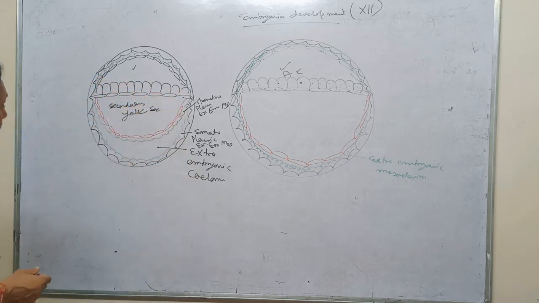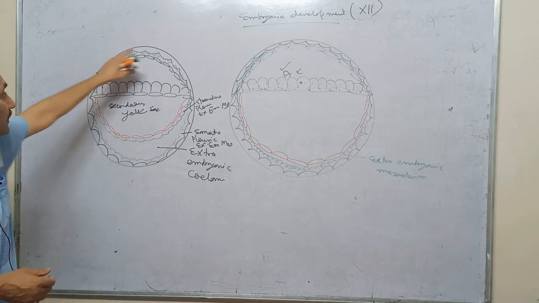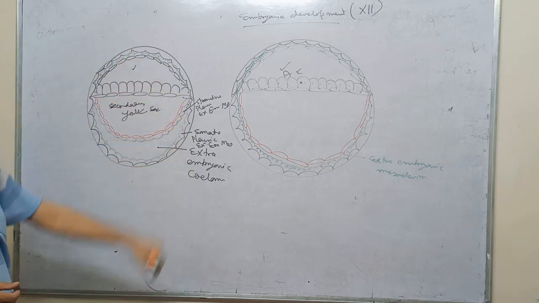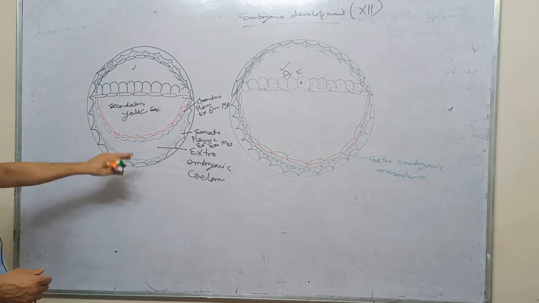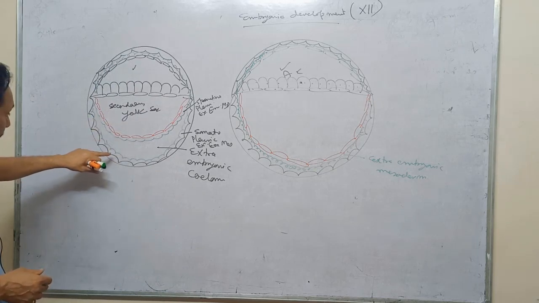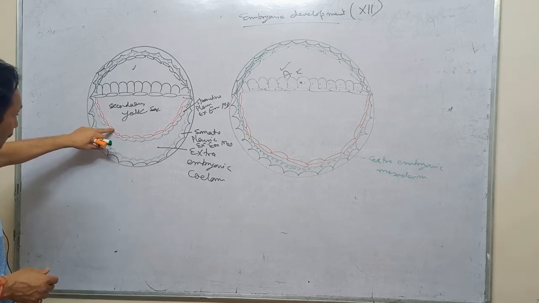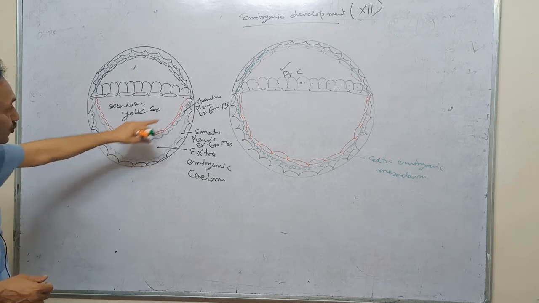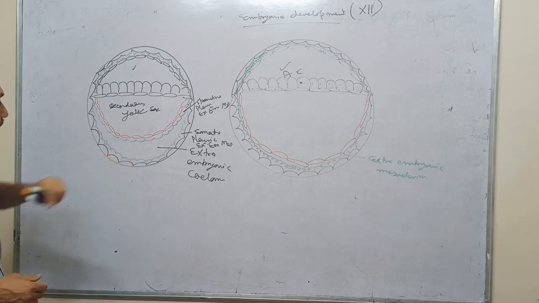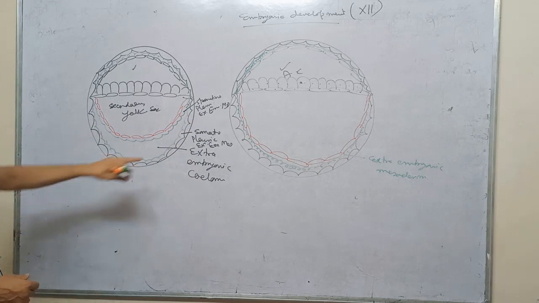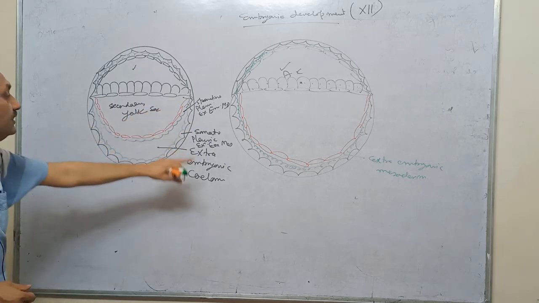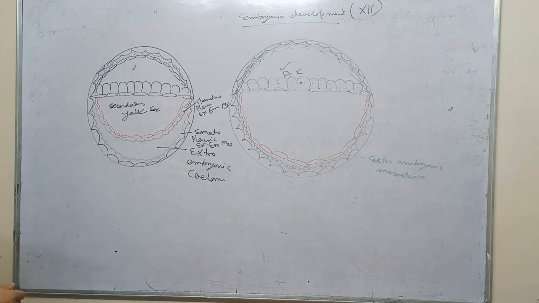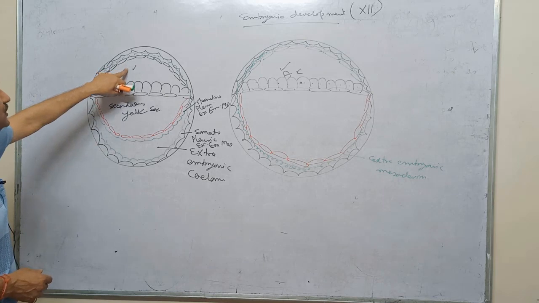Previously we told you the trophoblast is responsible for the formation of the extra embryonic membrane. We have observed that the extra embryonic endoderm and extra embryonic mesoderm, and this mesoderm has been divided into two parts, the splanchnopleuric mesoderm and the somatopleuric mesoderm, and with this division it has been divided into the extra embryonic coelom, that is called the secondary yolk sac, and the amniotic cavity.